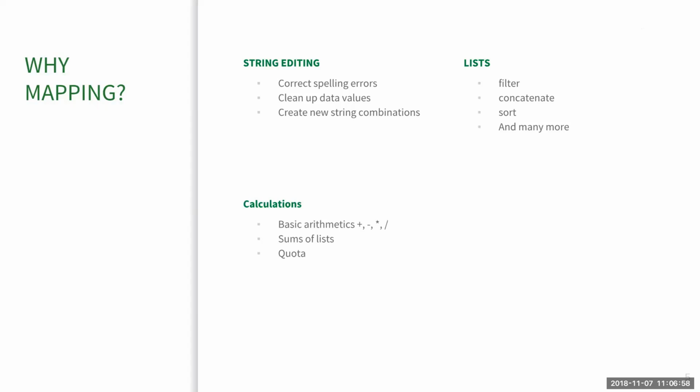Of course, you can do basic arithmetic: add, subtract, build quotients of several data fields, and sum up lists. All the things you need to do to modify your data to put it into your texts is done via a mapping expression.